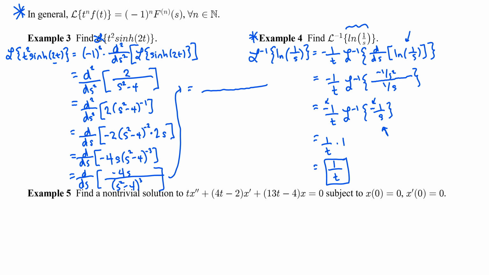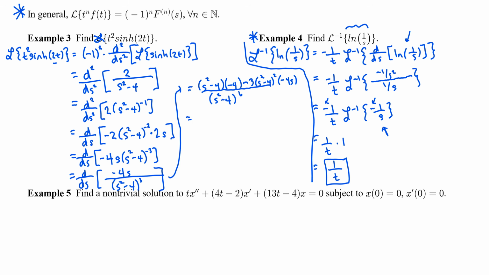So our quotient rule begins by squaring the denominator and then leading with that term in the numerator. Multiply by the derivative of the numerator minus derivative of the denominator times the numerator. And then we will simplify.